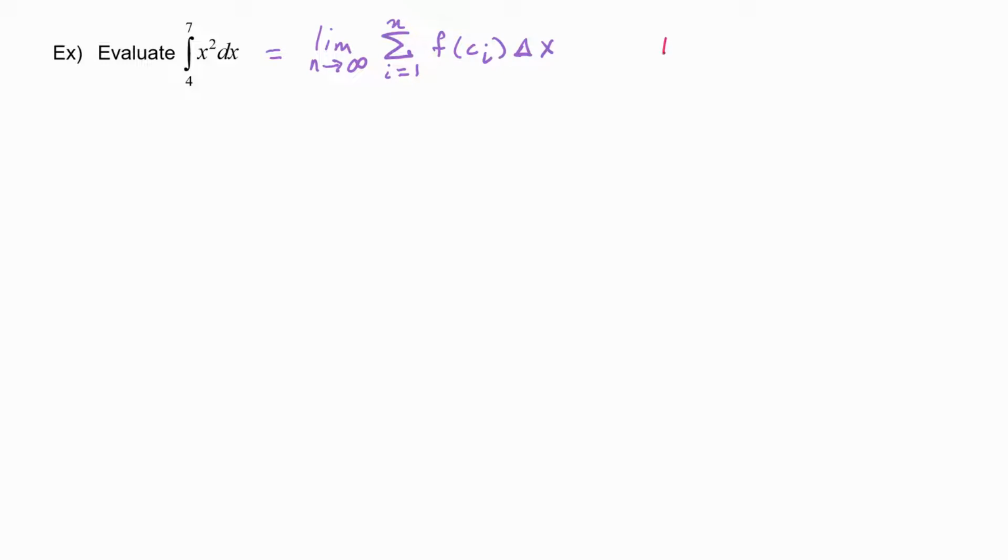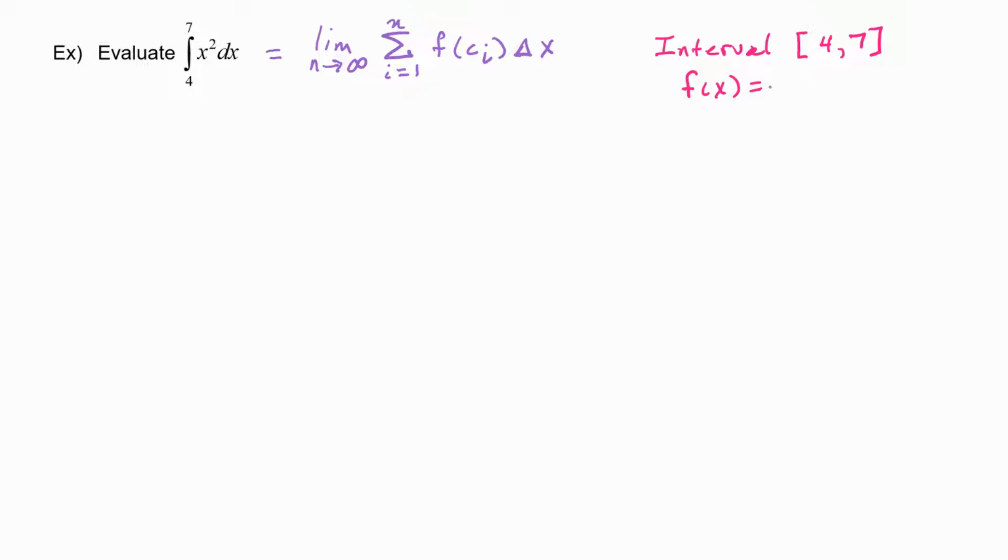The interval that we are on is always the lower limit of integration to the upper limit of integration. So that means we are going from 4 to 7. And f of x is always the integrand.